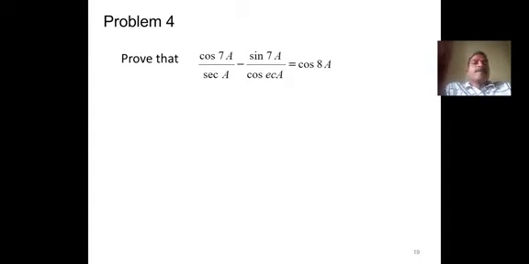Next problem is show that cos 7A by sec A minus sin 7A by cosec A is equal to cos 8A.